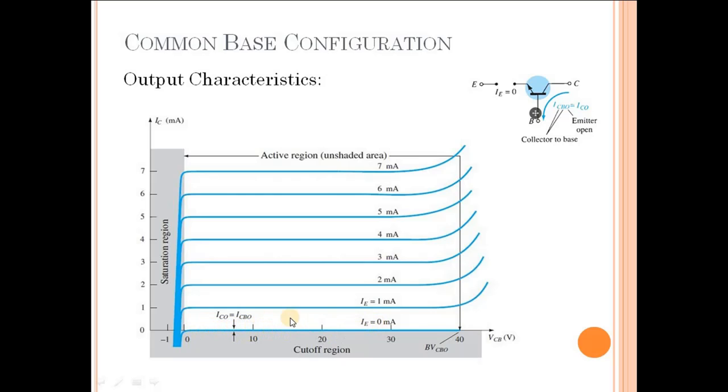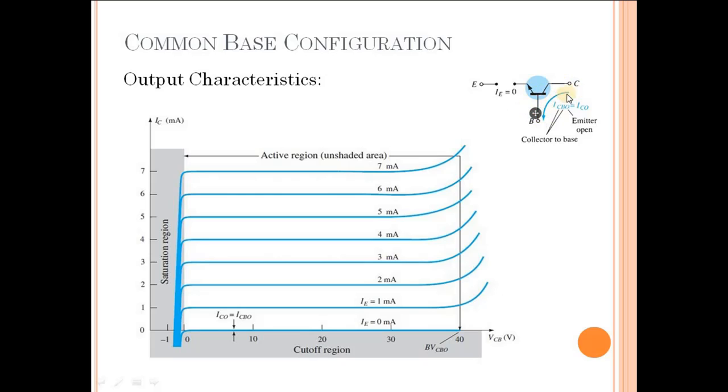Let us discuss that. When IE is equal to 0, the BJT is basically off. So whatever collector current results is only due to the minority charge carriers and not due to the majority charge carriers.